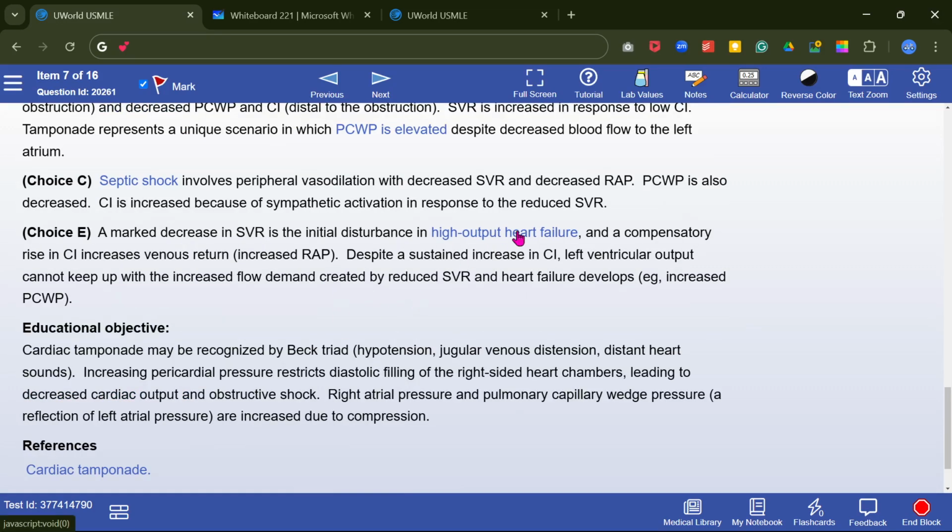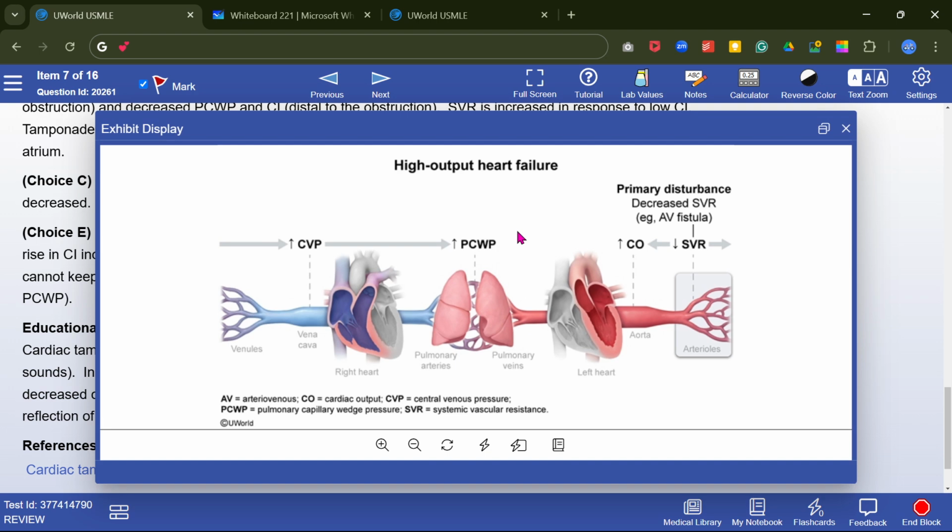Okay, this is high output heart failure. In high output heart failure, central venous pressure is increased from the vena cava. Pulmonary capillary wedge pressure is increased from the pulmonary arteries and pulmonary veins. Cardiac index, cardiac output, is increased, with decreased systemic vascular resistance.